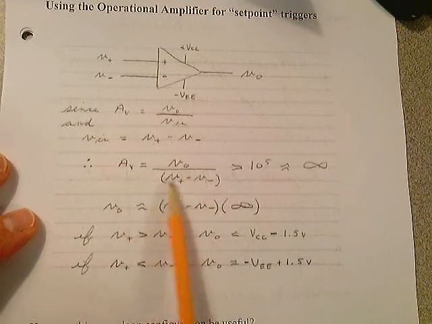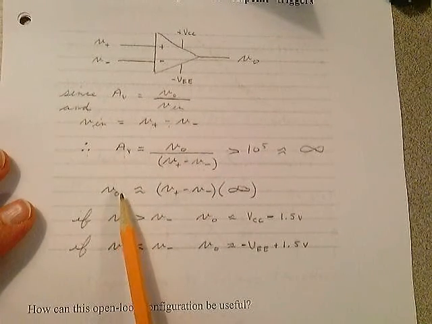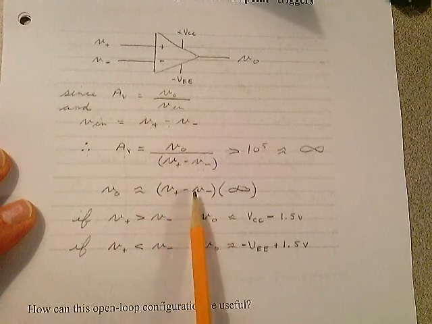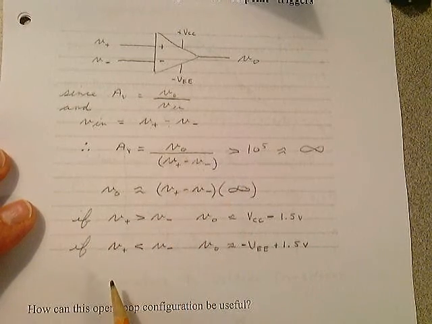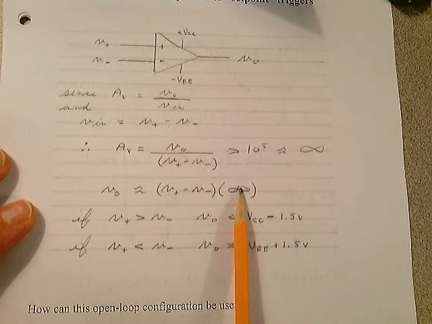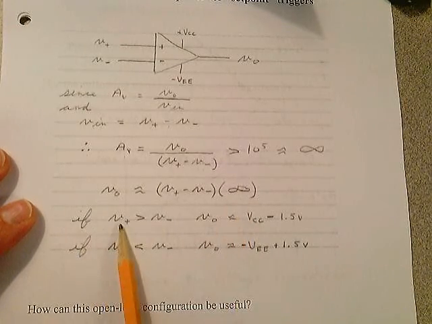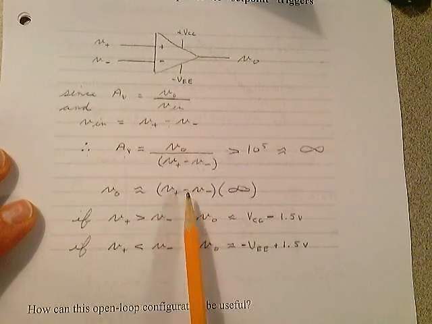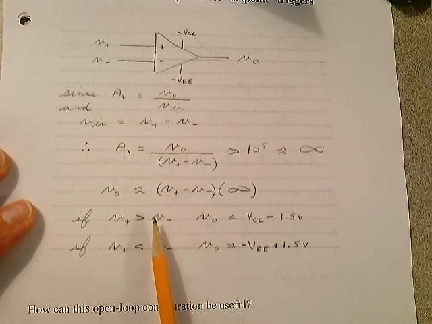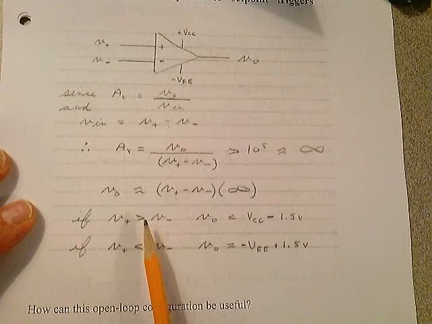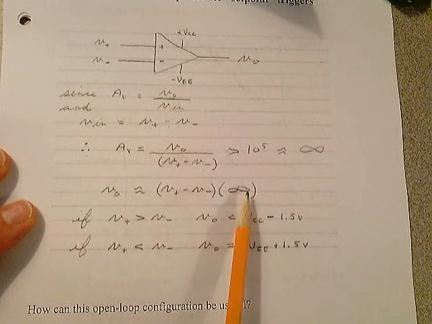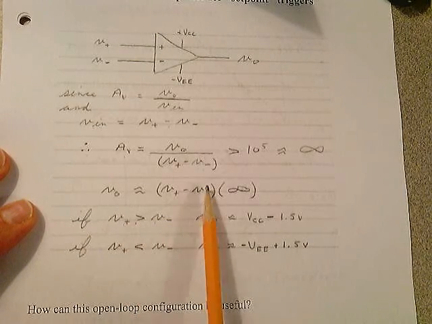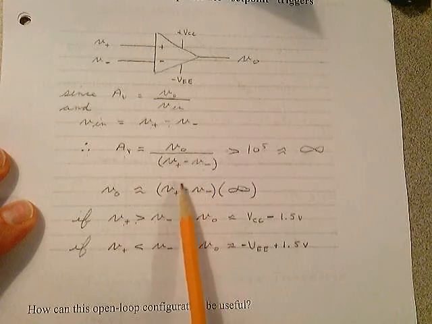So if you take a look at this and solve for V out here, stay with me. V out is approximately equal to the difference in voltage between the plus input and the minus input times infinity, times a really big number. If V plus is greater than V minus in this expression up here, I don't care if it's a picovolt greater, a nanovolt greater, because of the high gain, this quantity becomes positive, some minute positive voltage.